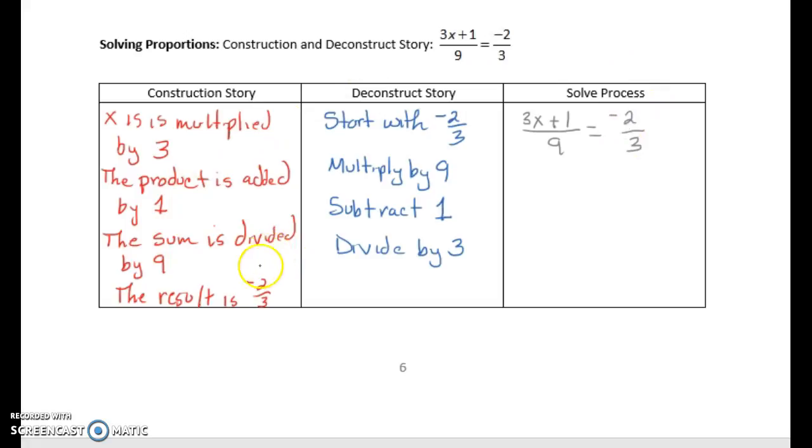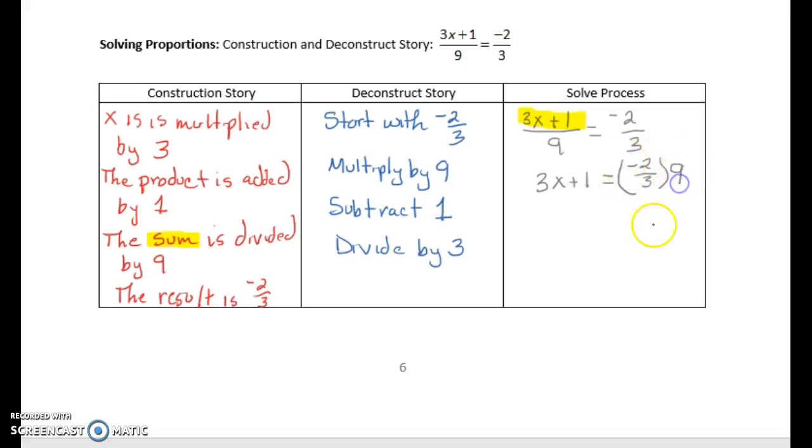So when we divide by 9, we have a sum, and just as before, our sum lives right here. That sum was divided by 9, so we're going to multiply by 9, and when we multiply by 9, we end up with 3x plus 1 is equal to negative 2/3 times 9.